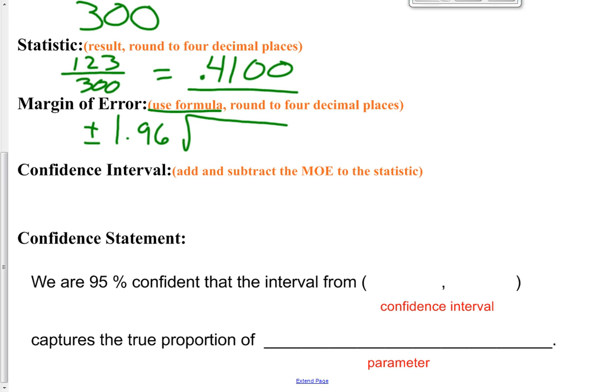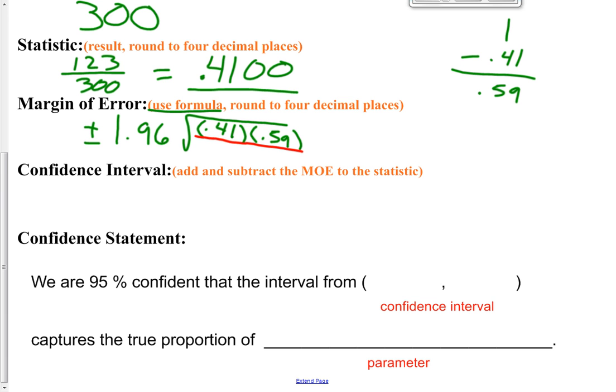So our statistic is 0.41, which is multiplied by 1 minus p hat. If you take 1 minus 0.41, you get 0.59. So 0.59 goes here. Basically, class, 41% is this, and what is left to get to 100%?